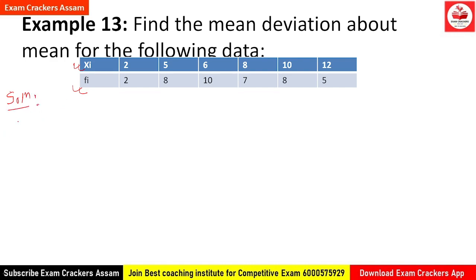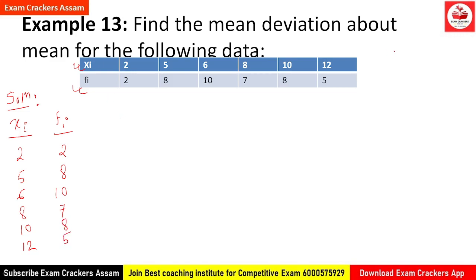First we will construct one table. So first column will be your xi, second column will be your fi. Xi 2, 5, 6, 8, 10, 12, and the corresponding fi's are 2, 8, 10, 7, 8, and 5.